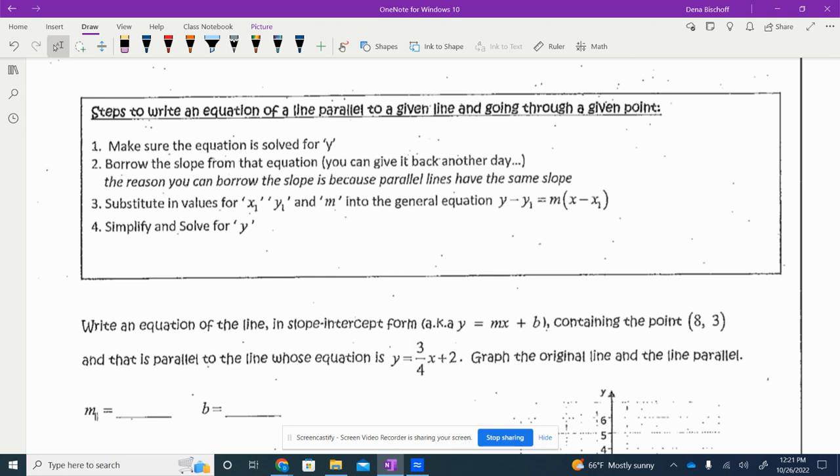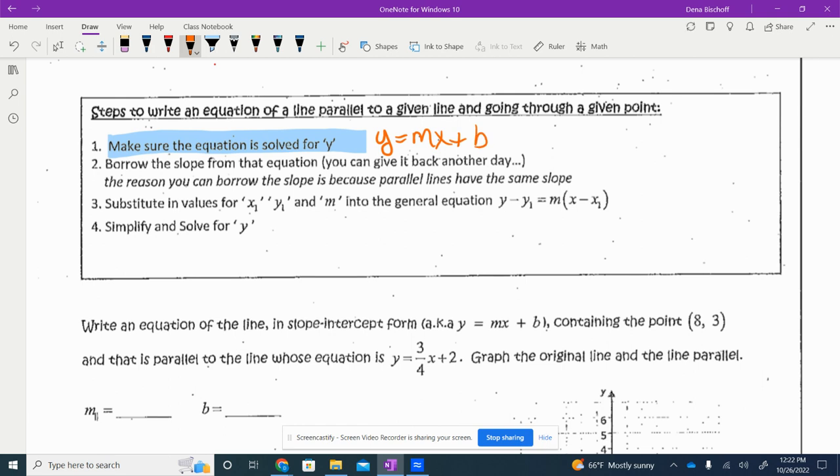We're going to talk about the steps to write an equation to a line that's parallel to another line through a point. So the first thing that you always want to do is find what? The slope. The easiest way to find the slope of a line when you're given the equation is to make sure that the line is in the form, solve for y.